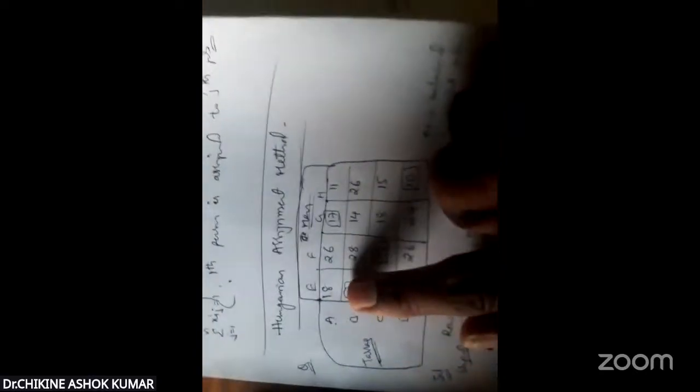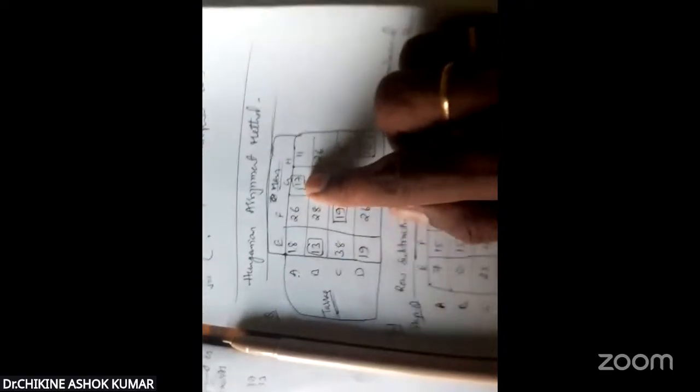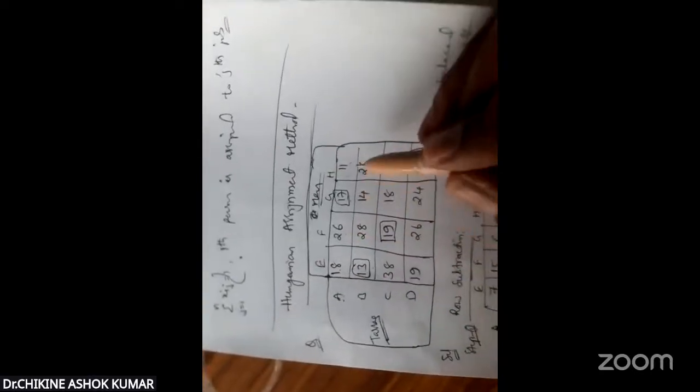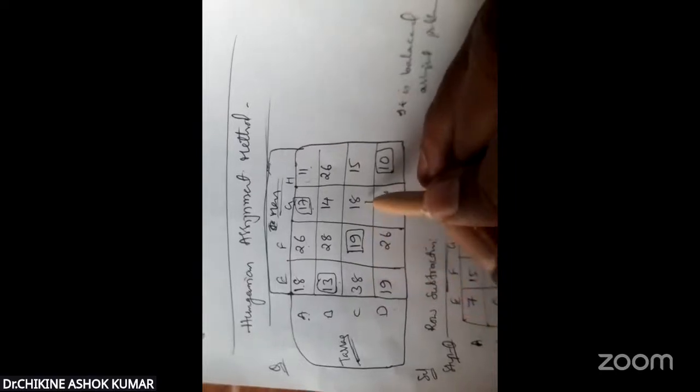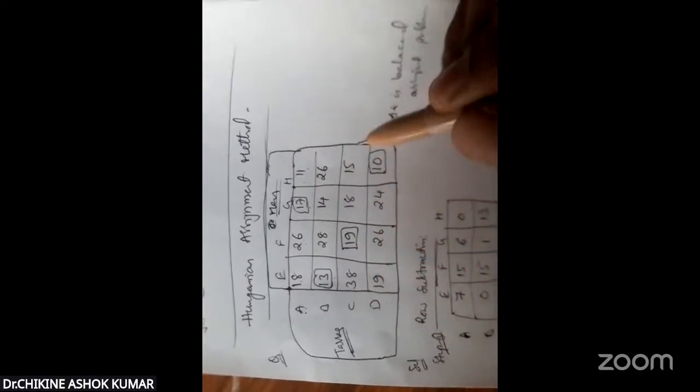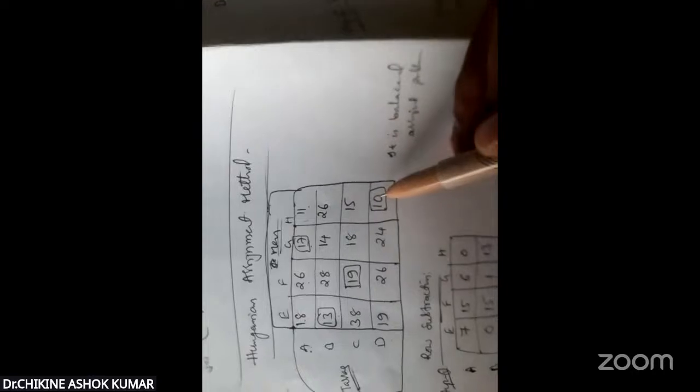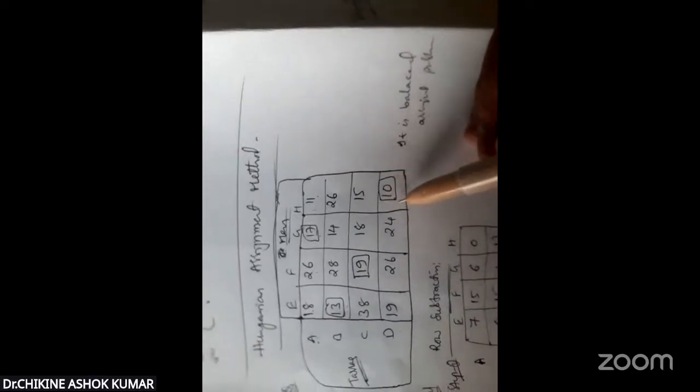In this entire matrix, the elements are 18, 26, 17, 11, 13, 28, 14, 26, 38, 19, 18, 15, 19, 26, 24, 10. Means in this entire matrix, 10 is the least element. Yes, is it clear? 10 is the least element.